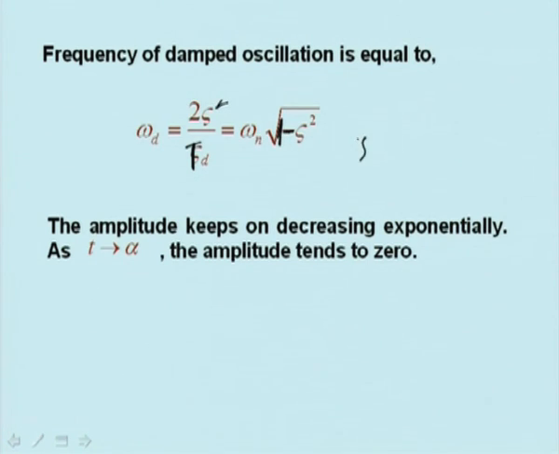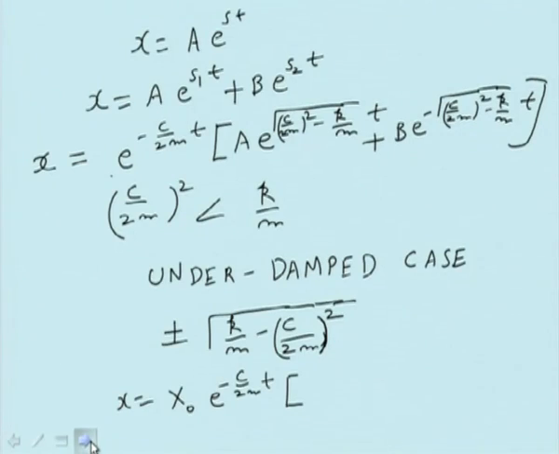So the amplitude keeps on decreasing exponentially as t tends to infinity, and the amplitude tends to 0. That is how the damped motion will take place.